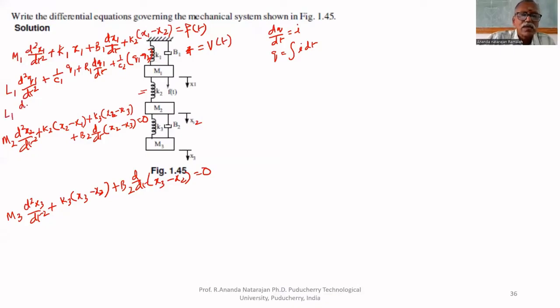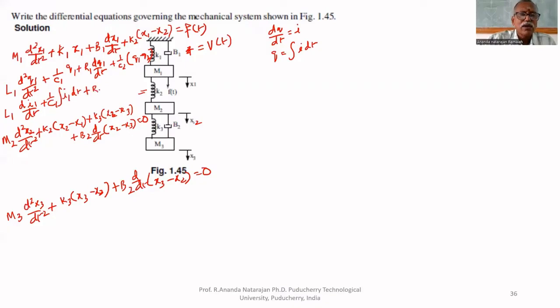L1 dI1 by dt, because one derivative reduced, because dq by dt equal to I. Therefore, if you differentiate once again, you will get di by dt equal to d square q by dt square. Therefore, we can write L1 di by dt plus 1 by c1, q equal to what? Integral of I dt.